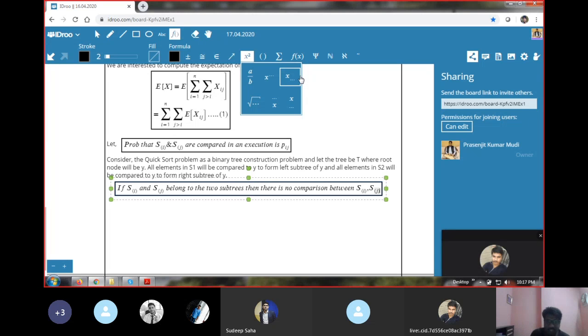That means if Si and Sj are in different subtrees, then there is no comparison between them.